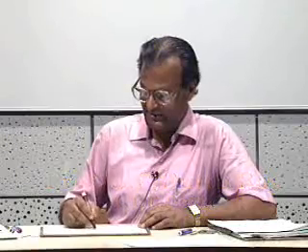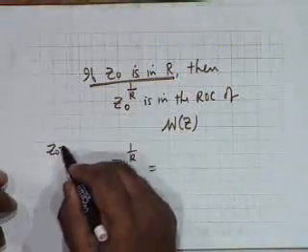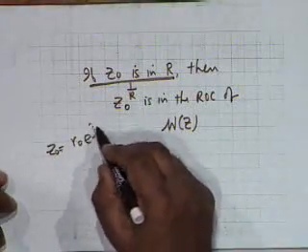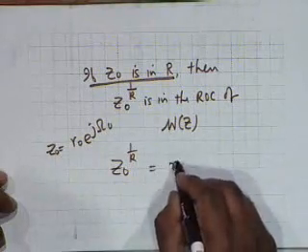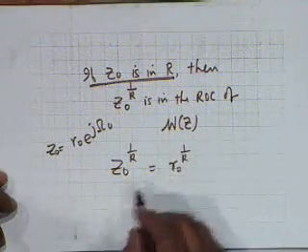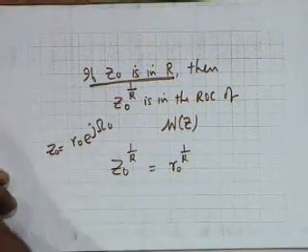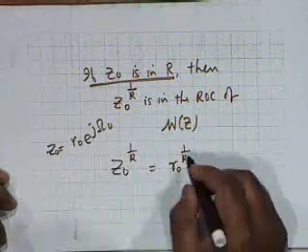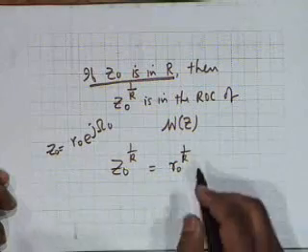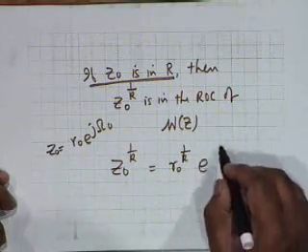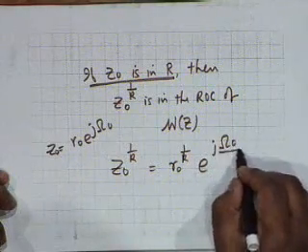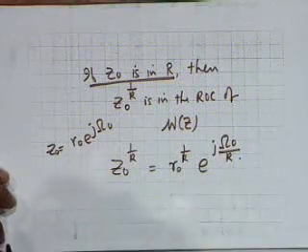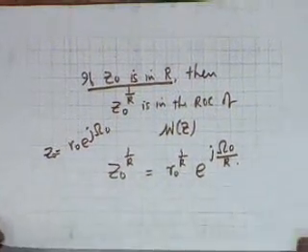It means if Z0 is R0 e to the power j omega naught, then the distance from the origin of the new point would be R0 to the power 1 by k, and its angle will also be reduced by the factor k. Alright, that is all that it means.